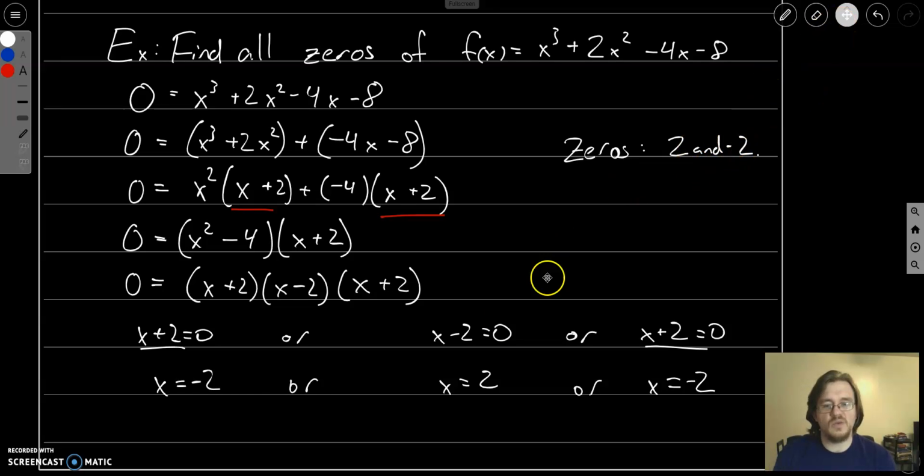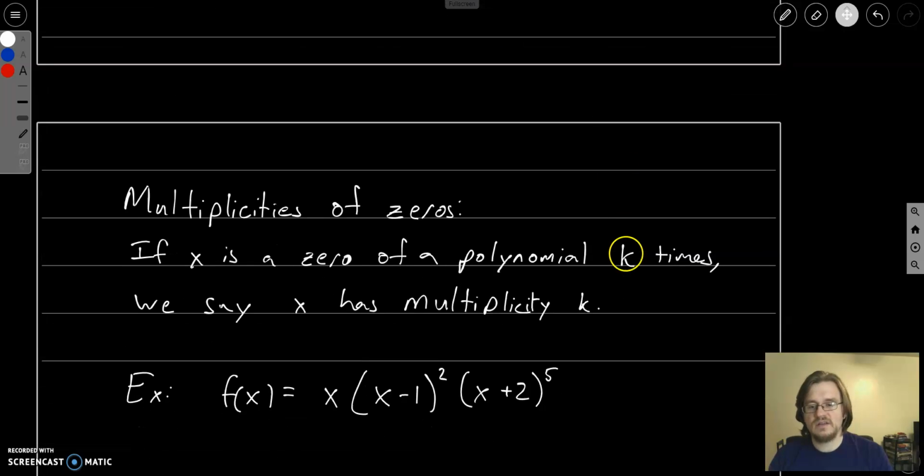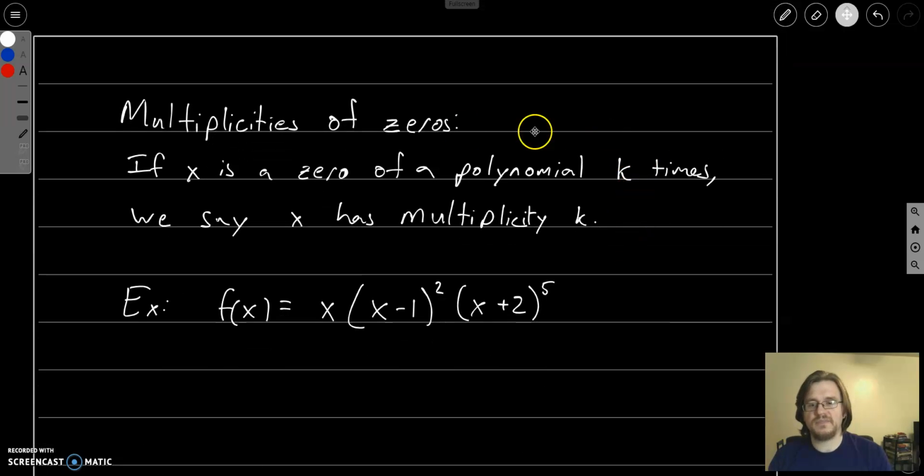So we see that here, negative 2 shows up twice. It shows up as a root twice to our equation. This is important, and it will help us understand what exactly happens at this root. So again, we'll just give this a name. If x is a 0 of a polynomial, and it's a 0 k times, we say that x has multiplicity k.